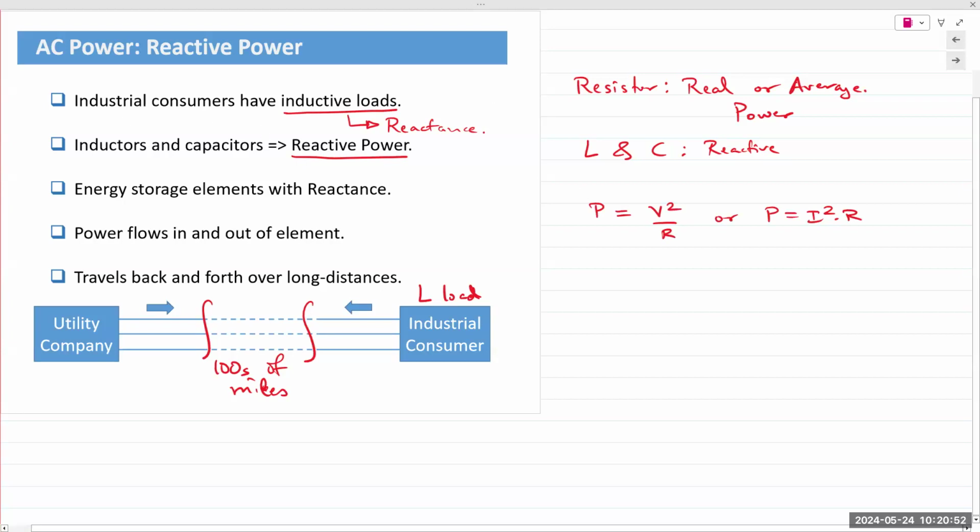Now, the power loss that occurs also is calculated using these equations. So if current is high, the power loss is the square of the current. Okay. So when power is transmitted over long distances, you increase the voltage as much as you can while keeping the current low.